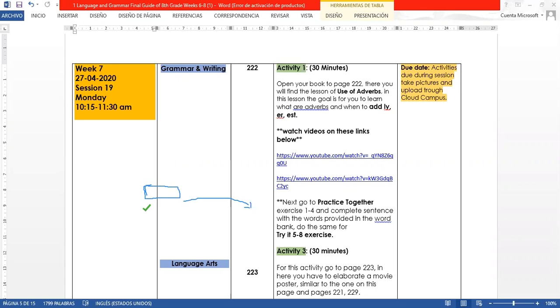Don't get confused. Read the word and read the sentence. If you understand it, reread it again. If you need help with a word, you can go ahead and look in your dictionary. You can Google it. Of course, you can ask me and send me a message if you don't understand a word or a sentence or the meaning of a sentence.